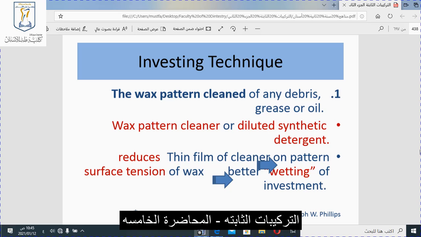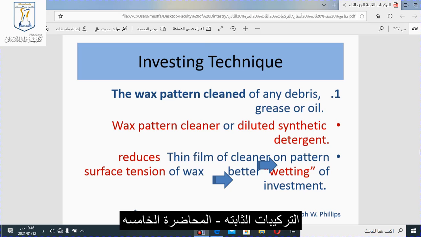The cleaner must be applied in a thin film, because when it is used in a thick film it will give a rough cast.